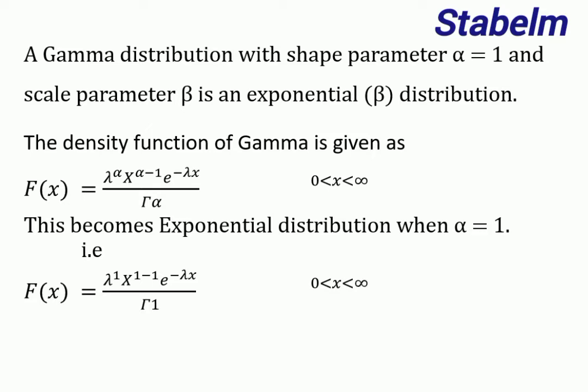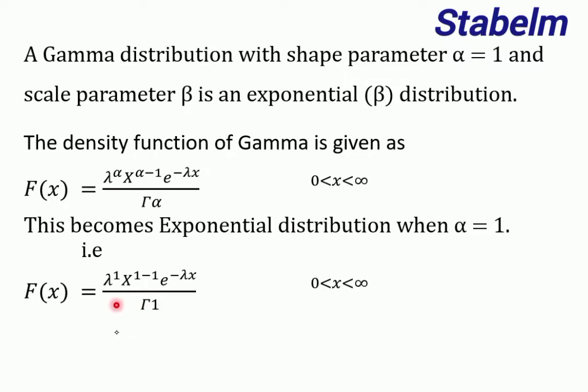We can see now that our alpha here has become 1. So as a result, we have 1 minus 1 here. This is 0. x raised to power 0 will definitely give us 1. So this is gone already. Now we have lambda raised to power 1, which will become lambda. And this denominator here will also become 1.